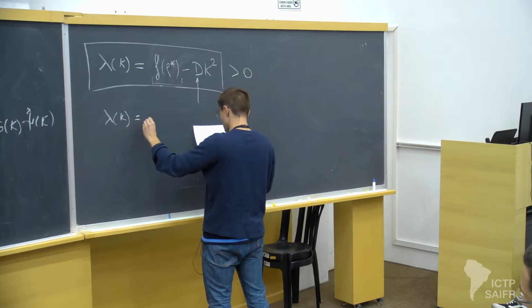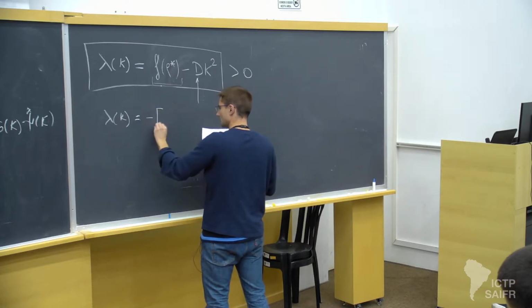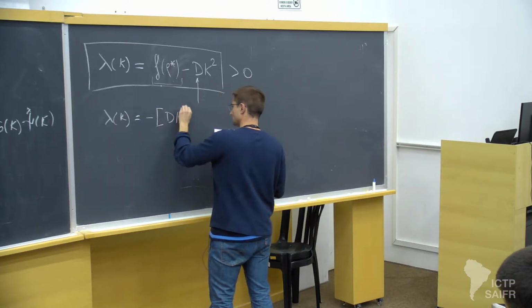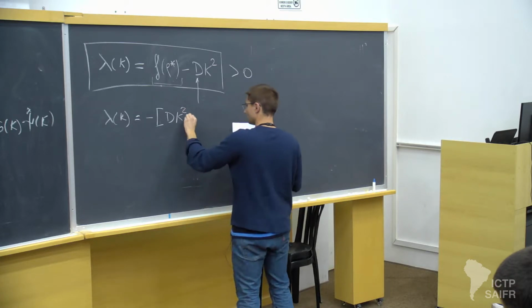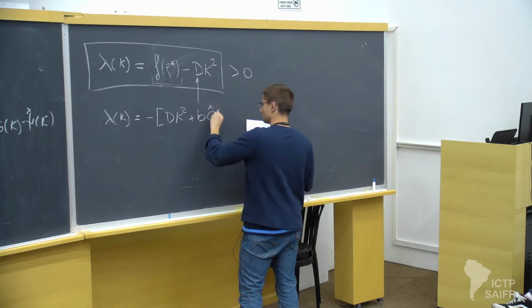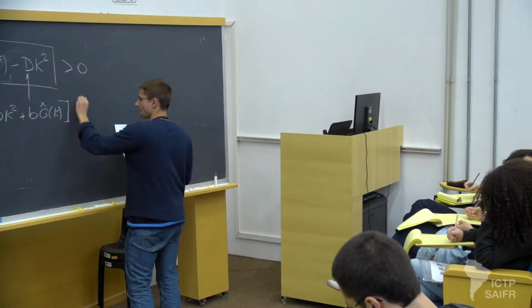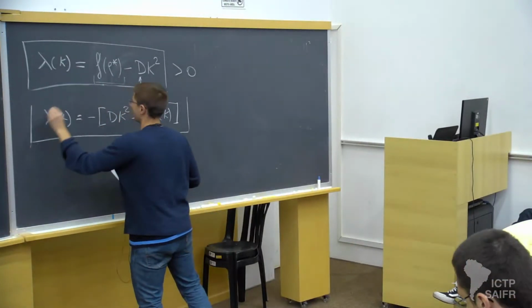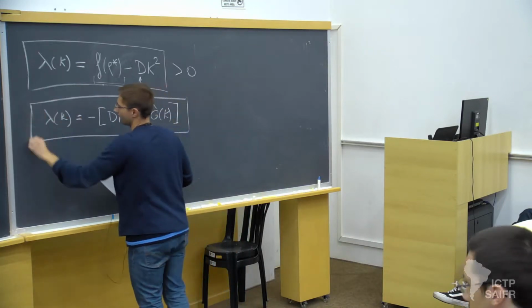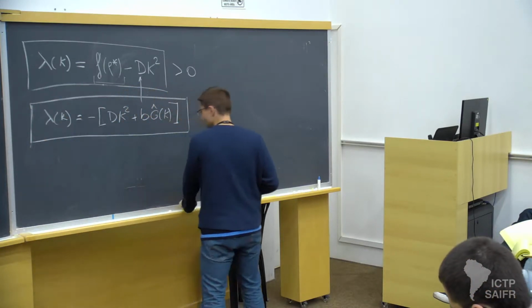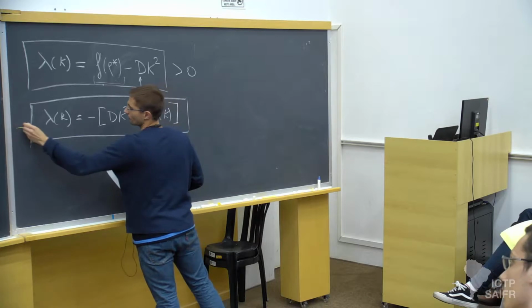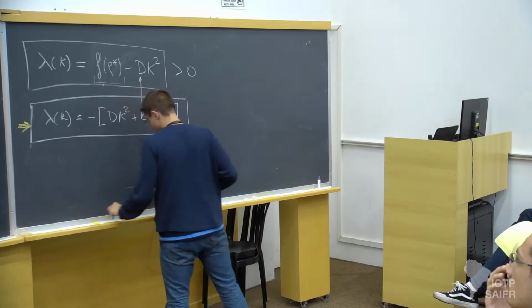growth rate for a perturbation that looks like this. This is the one that we're going to look at now.